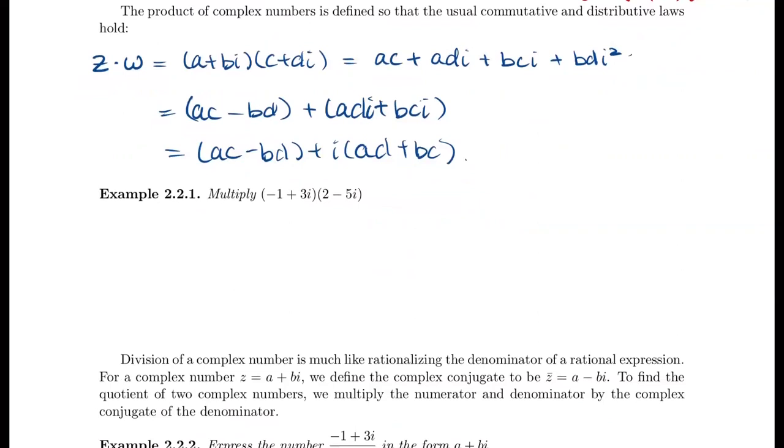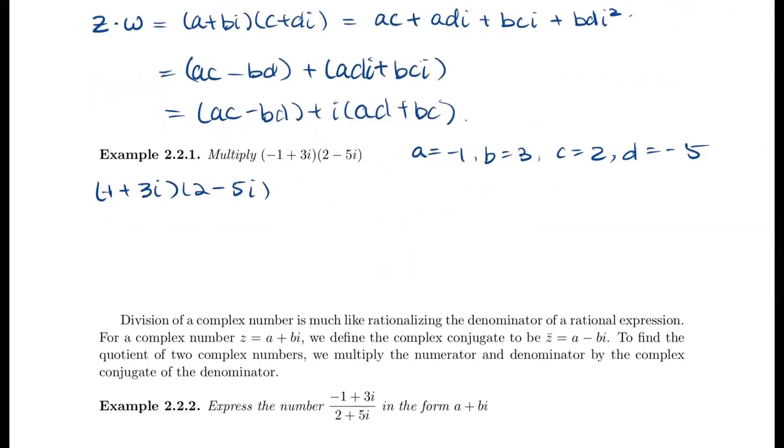So let's multiply -1 plus 3i by 2 subtract 5i. If we let a be -1, b be 3, c be 2, and d be -5, then we can just put it into this formula here.